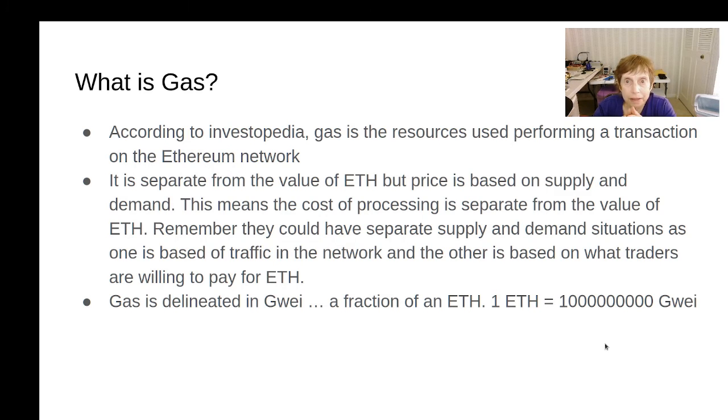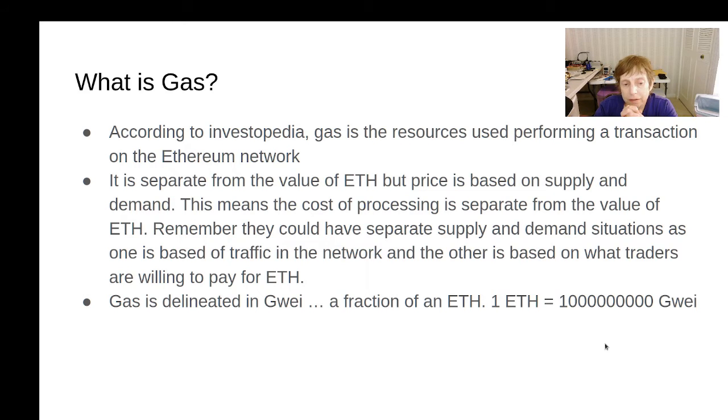ETH is based on what traders and investors are willing to pay for ETH. So those are two different supply and demands. So don't confuse the two. Gas can go up because people are very busy, but maybe Ethereum's going down and people are trying to get out of it.